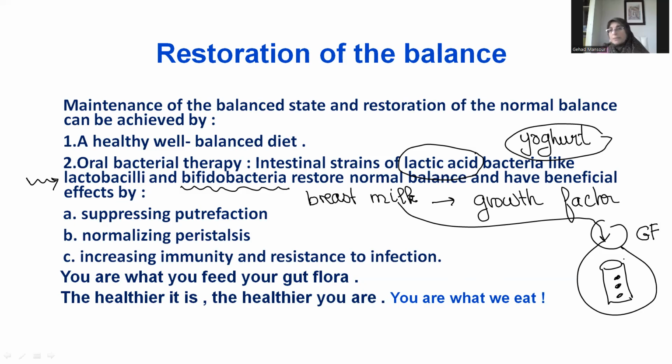How do these bacteria, the lactobacilli and the bifidobacteria, restore the normal balance and have a beneficial effect on the gut if you eat them or ingest them? Number one, they produce substances that diminish putrefaction caused by pathogenic bacteria, and that normalize peristalsis, meaning that if peristalsis is already slow, as we said in the previous slide, they make it faster to a certain extent, and therefore increase bowel motion.